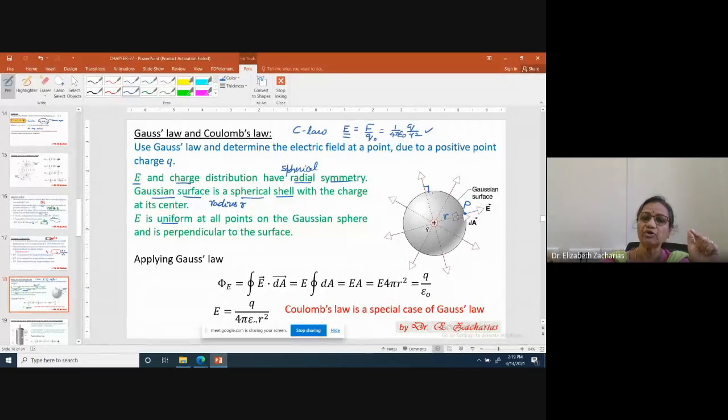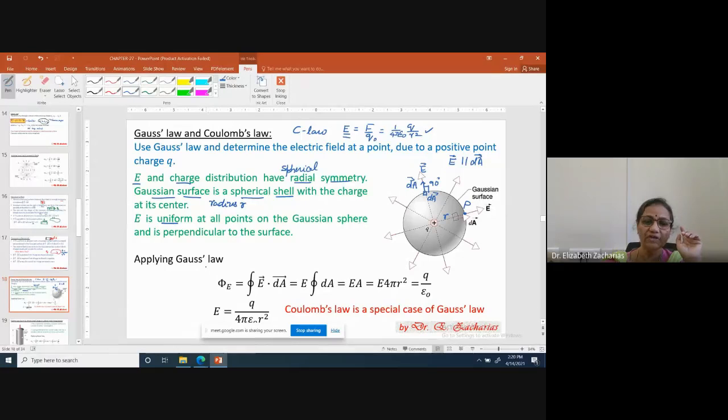At every point on the Gaussian surface, electric field is making an angle of 90 degrees. If I take a small area dA here, I find that my dA vector and my E vector are parallel to each other. E is parallel to dA vector at every point on the surface. Additionally, E has the same value at every point on this Gaussian surface. So these are the two important things.